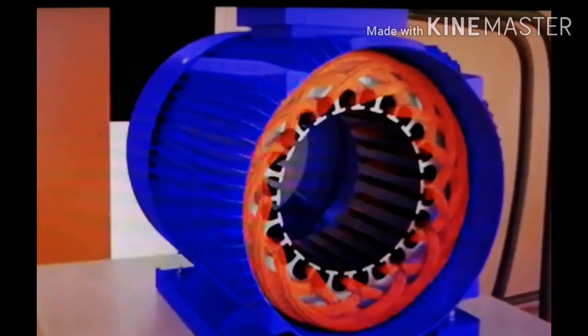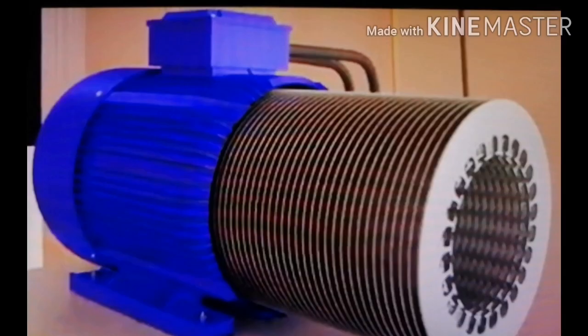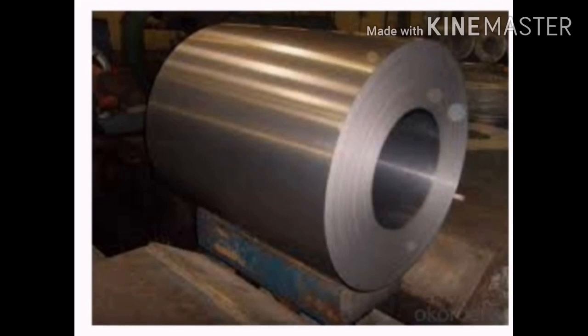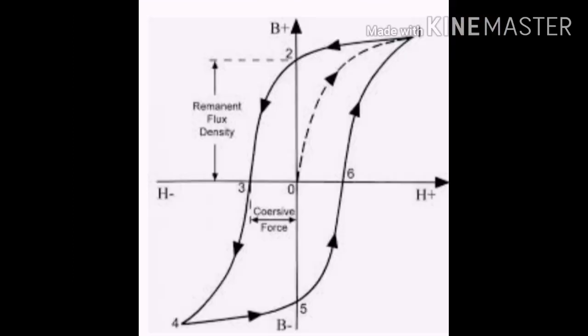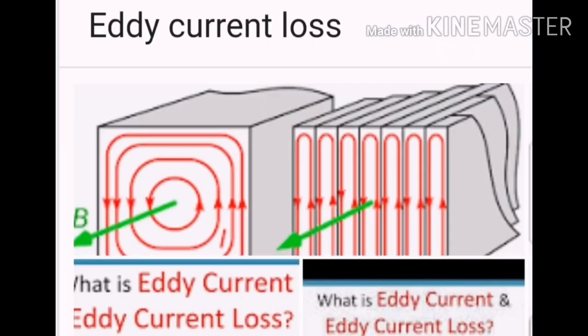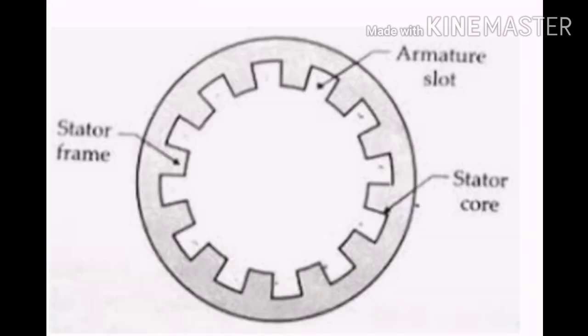The stator consists of a steel frame which encloses a hollow cylindrical core made up of silicon steel material. We use this material as a core because it reduces the hysteresis and eddy current losses. Slots are made on the inner periphery of the laminated core.